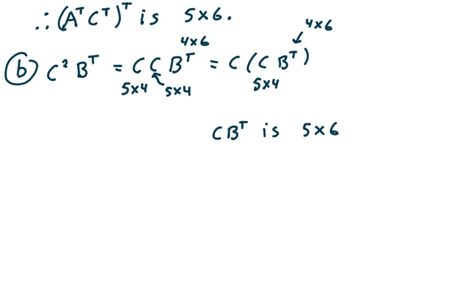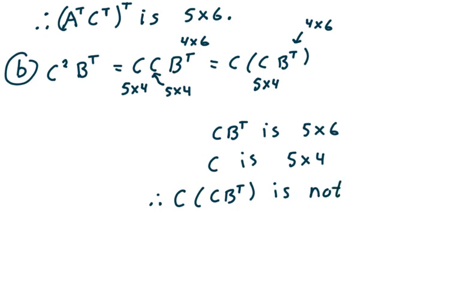Here's the problem. C is 5x4. And so therefore, C times CB transpose is not defined. No matter how you look at this.